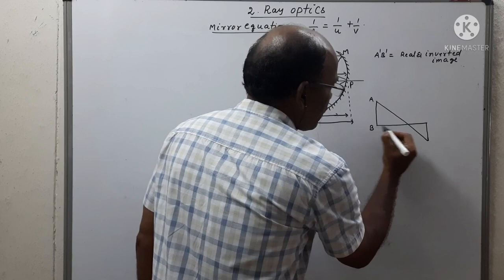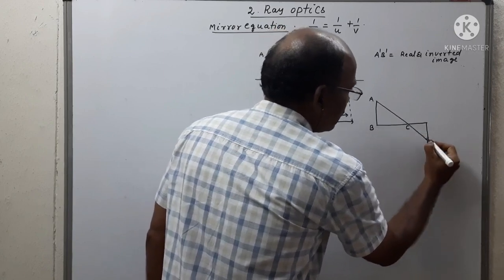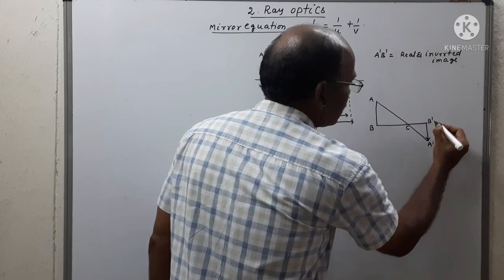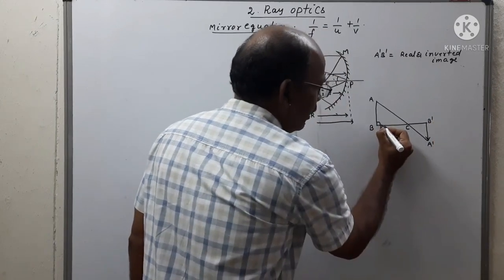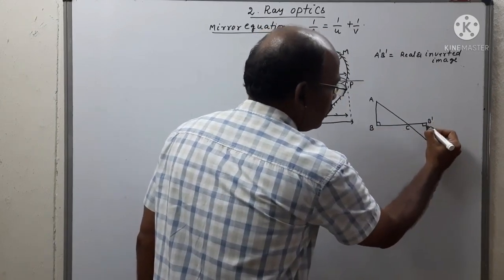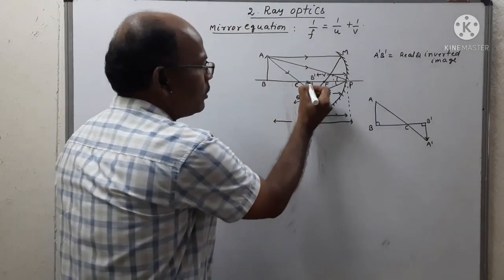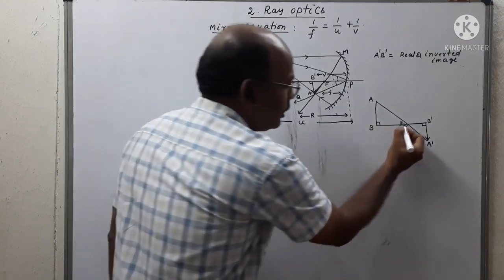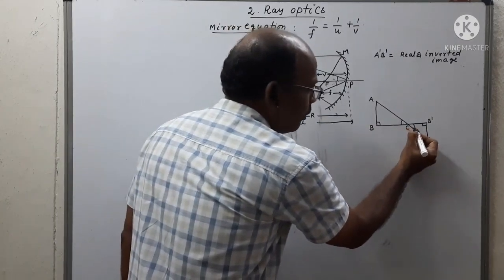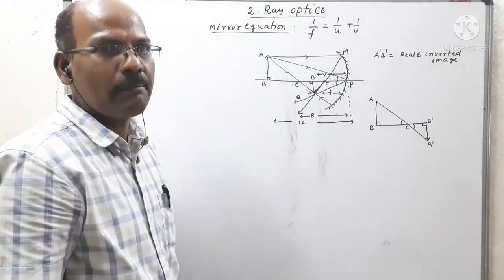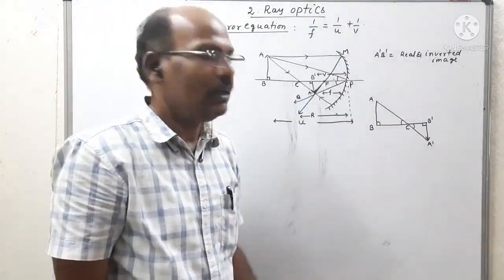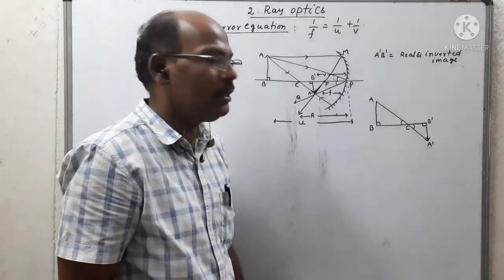So ABC, this is the inverted image, A dash, B dash. So this is angle 90, this is also angle 90. So these are alternate opposite angles. So depending upon the angle and side, the two triangles are said to be similar.